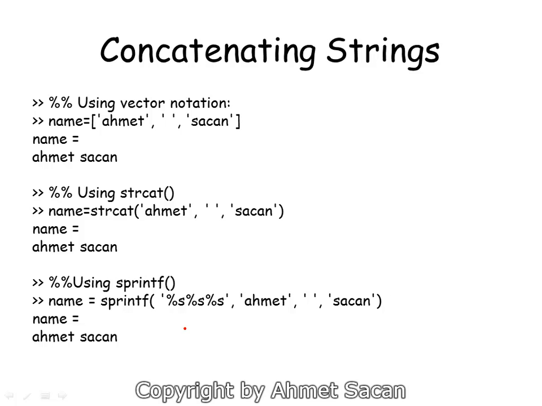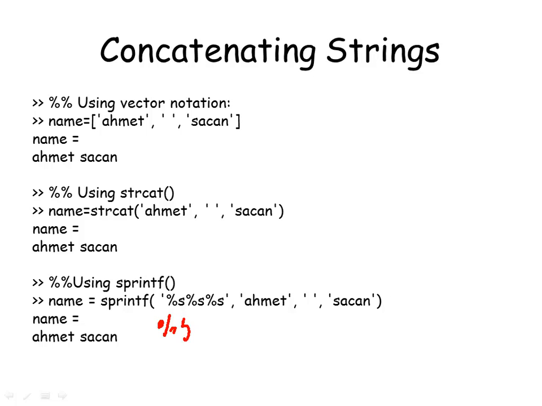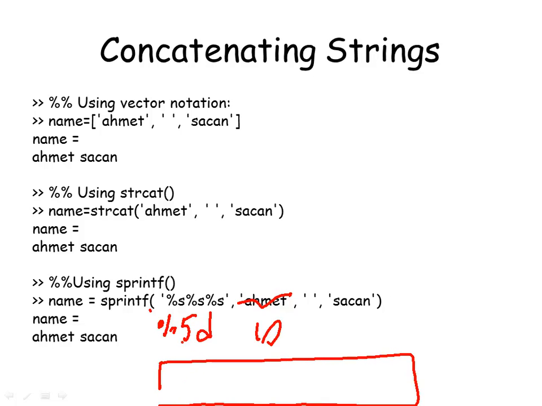All right. In addition to data type, you can also control the width that a number is printed with. For instance, if I say %5d, and then let's say instead of Ahmed, I have the number 10, then Matlab will allocate 5 characters to print the number 10, followed by space, such on, assuming the rest are the same.